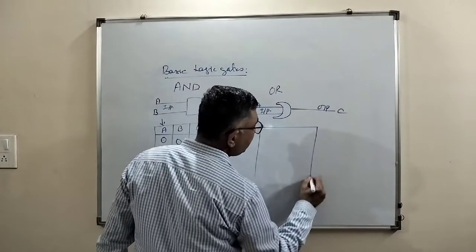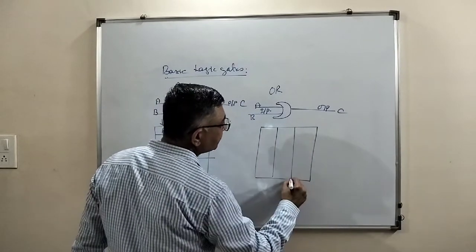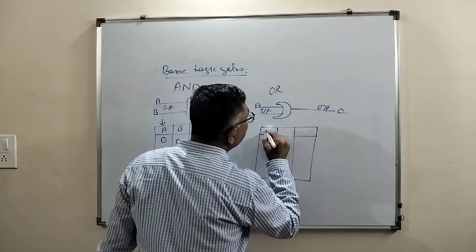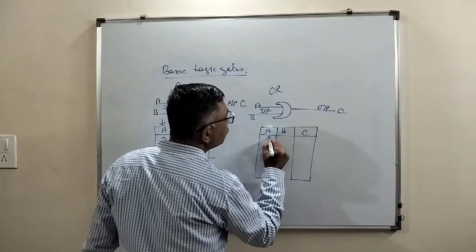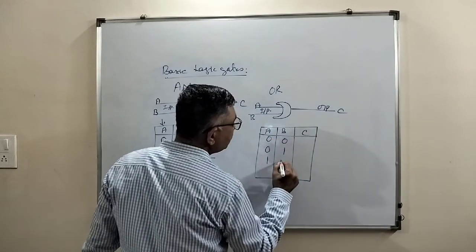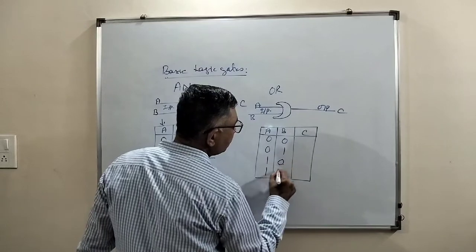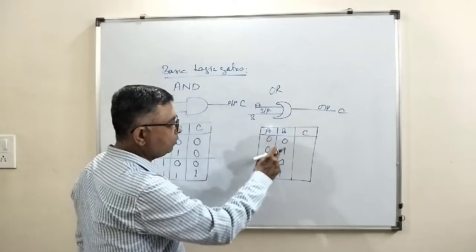Now if we see the truth table, again it is a case of two inputs, A and B, and C is the output. Similarly with the binary combinations, since we have two inputs, the maximum possibility of variation of inputs is 4. 1, 2, 3, 4.